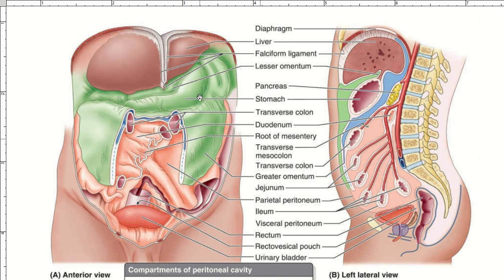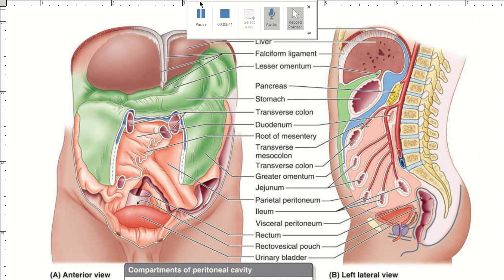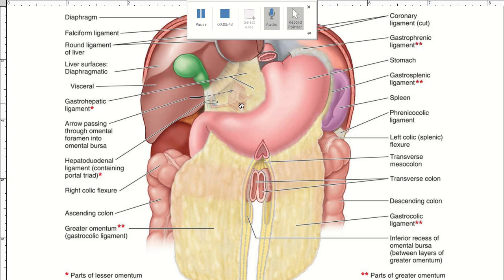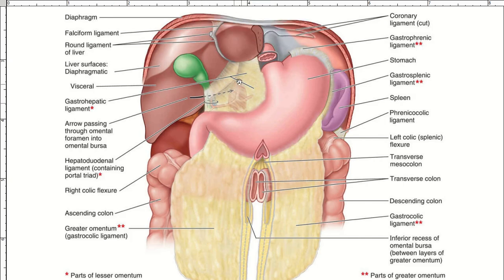The ventral mesentery is actually divided by the development of the liver. So let me take a look at a closer picture. Here you can see I'm mainly concerned with this region. The ventral mesentery is going to be divided by the liver.